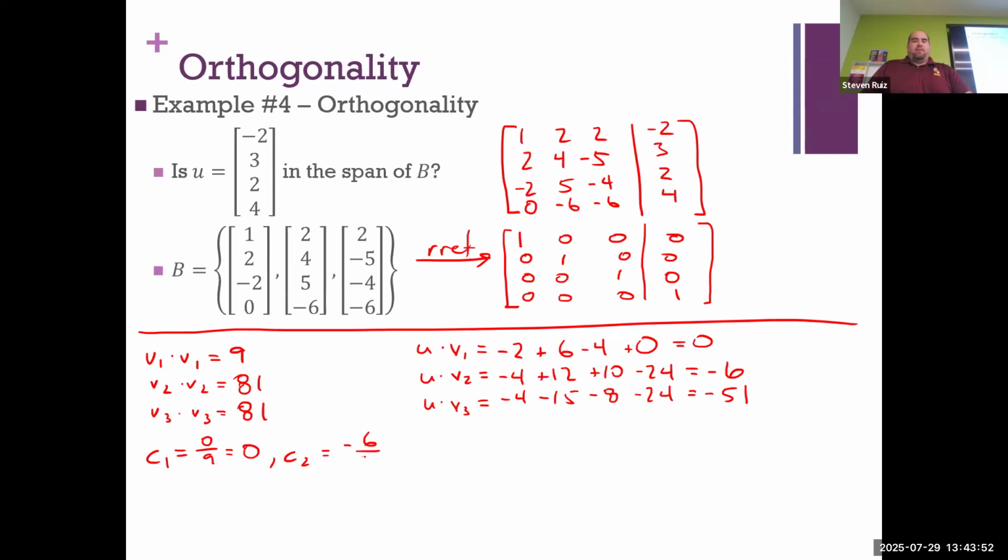I get -6 over 81, which I'm going to reduce: -2/27. And then C3 is equal to -51 over 81, which is -17 over 27.